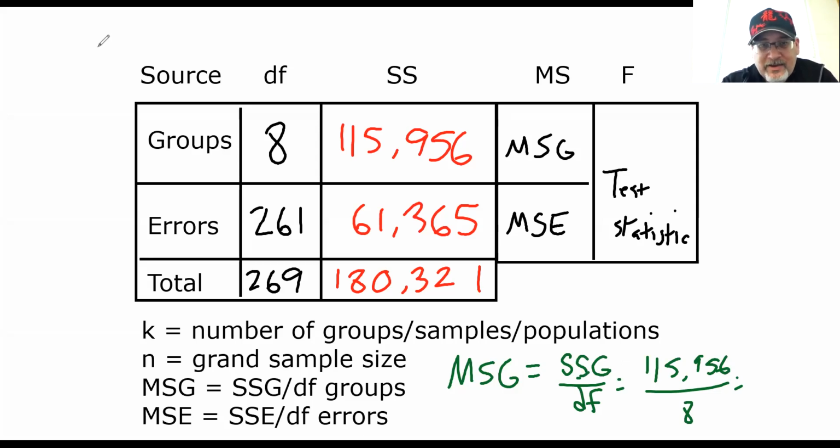Divided by 8 equals. Now we'll take it to the nearest whole number, 14,495. There is our MSG.